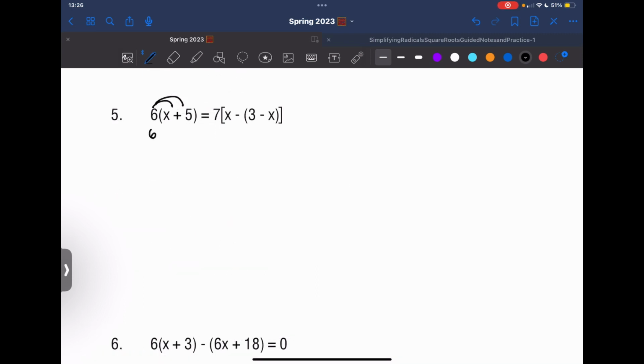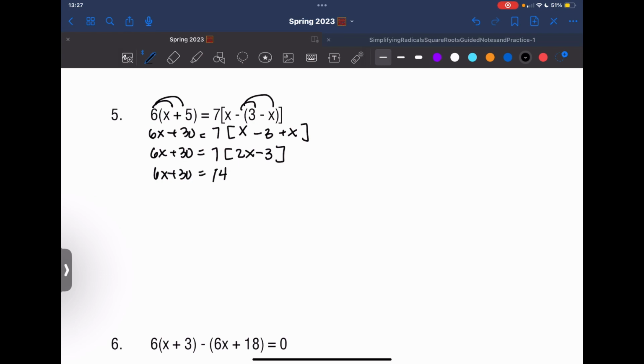Distributing the x, so I have 6x plus 30. You're distributing the negative into the parentheses, so equals 7 bracket x minus 3 plus x bracket, 6x plus 30 equals 7 times 2x minus 3, and then 6x plus 30 equals 14x minus 21.